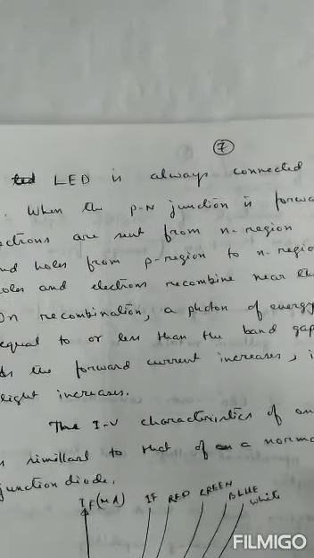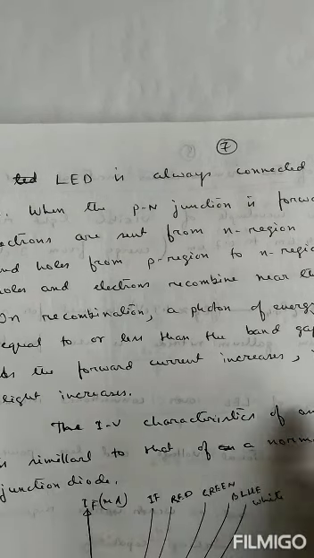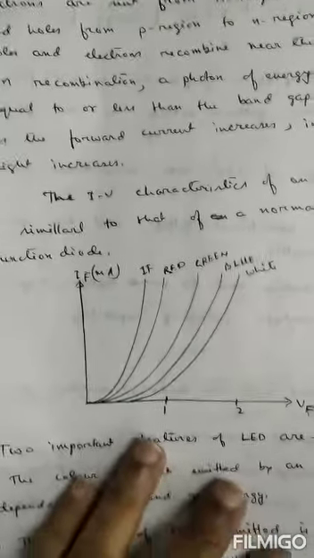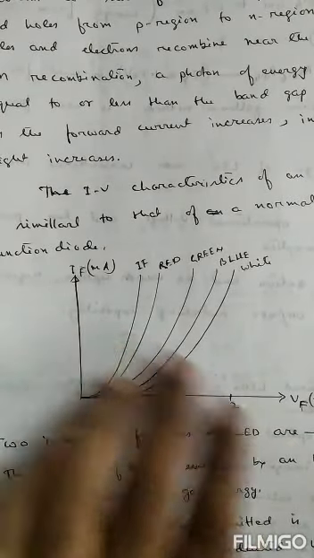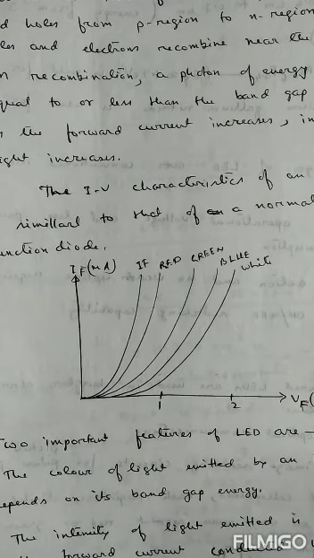As the forward current increases, more and more hole-electron pairs recombine near the junction, and hence the intensity of emitted light also increases. And this is the IV characteristic of the LED. Okay? Clear?